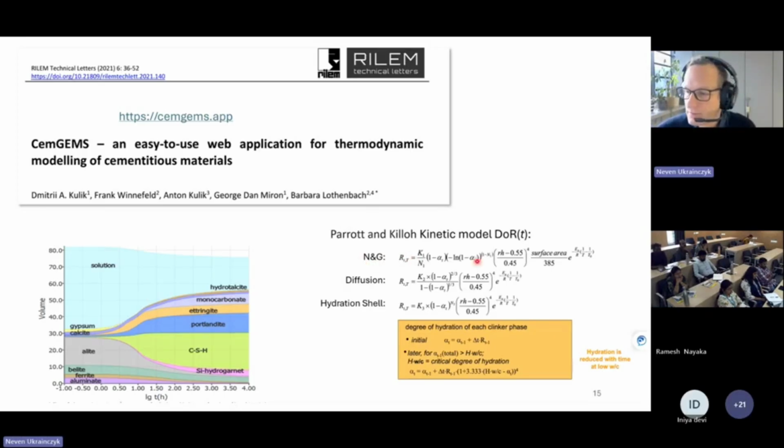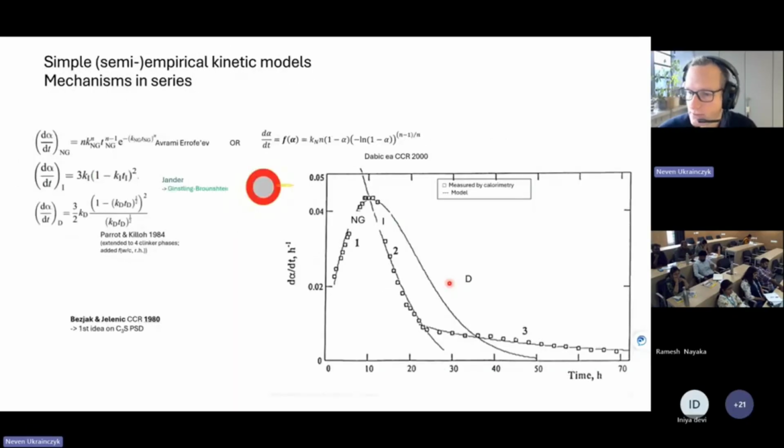That is the rate limiting process, and then you only take this function. So it's following this approach, that only the one reaction, the main one with the highest rate, is determining the overall rate.